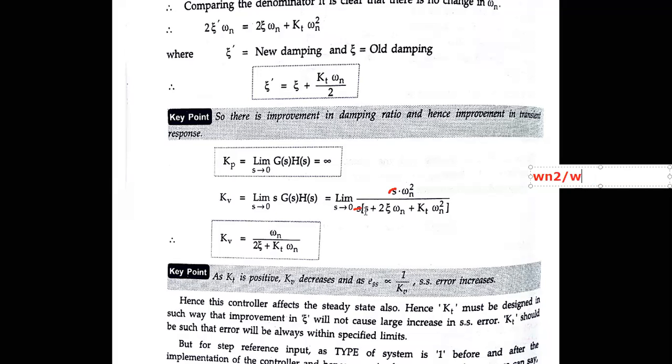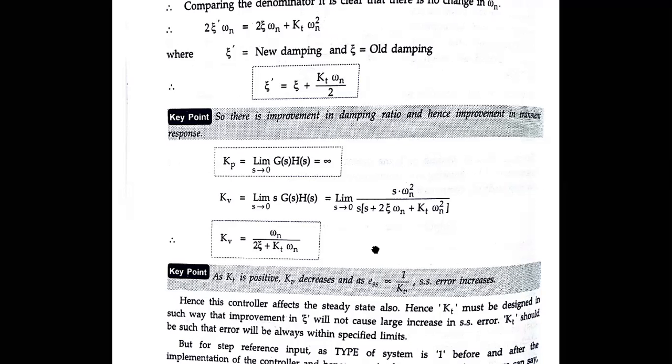Even we can do it like this also. This completely becomes 0. Fine, we'll go with this only. Anyway, we will not derive that particular formula. So the answer left when you apply this limit to this formula is omega n divided by 2 eta plus kt into omega n square.